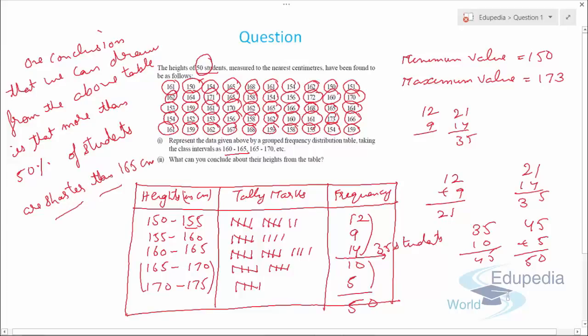Means on an average the height of a student is less than 165. So this is how we can conclude the data, and we can present the data, and from that we can infer the information we need to get, right?